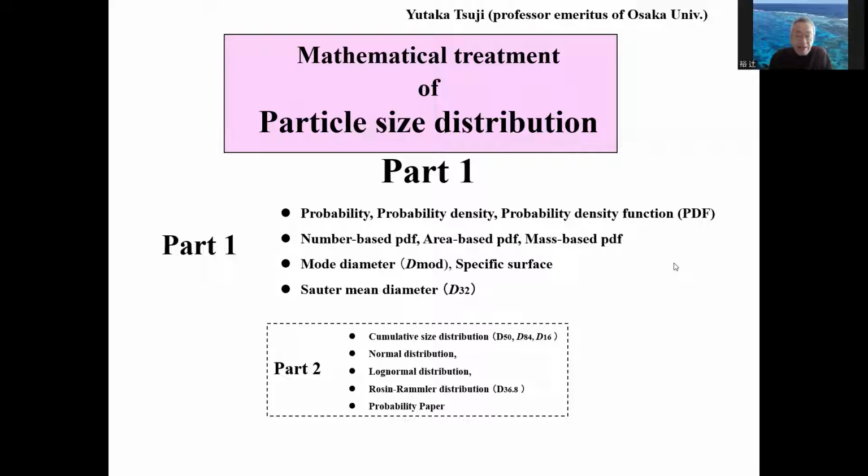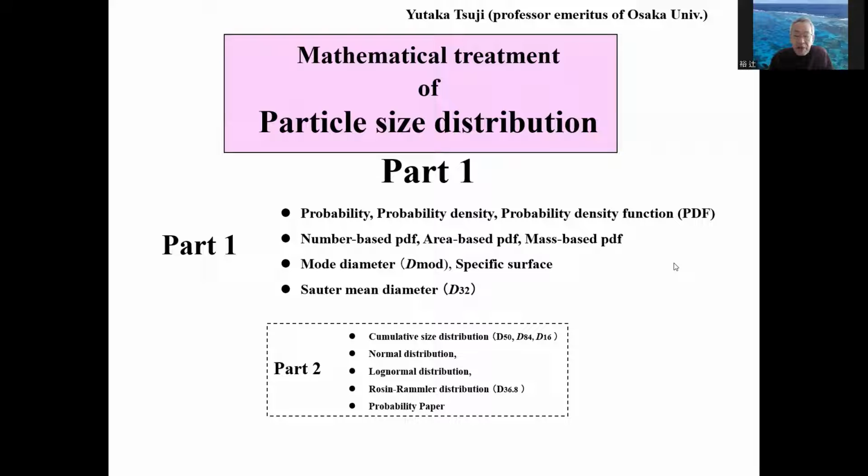Besides the delta diameter, there are some examples such as D50, D84, D16, D36.8. These numbers are related to the cumulative distribution. I will try to let you understand the meaning of these numbers.